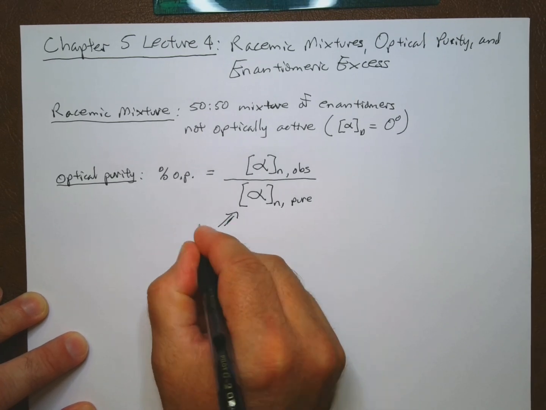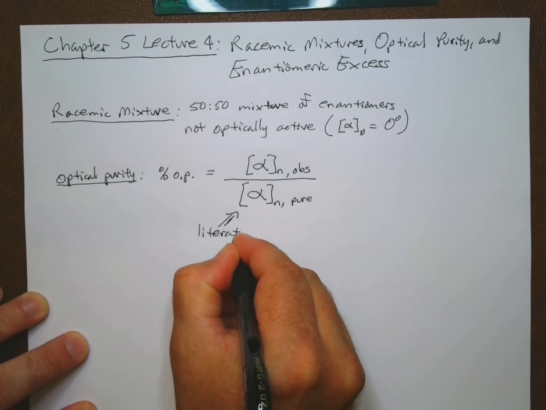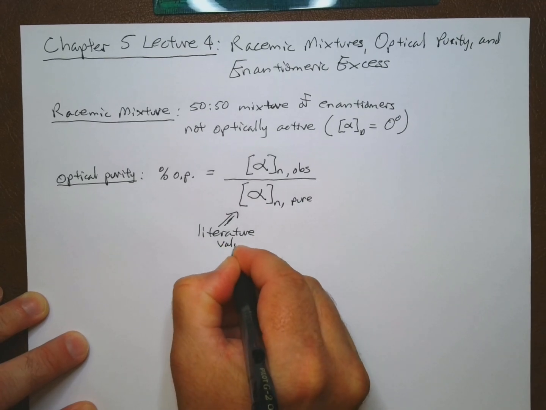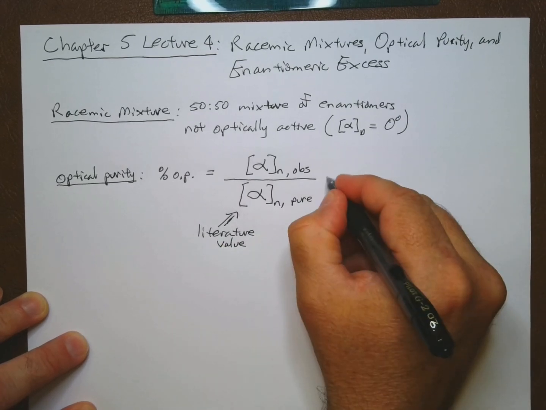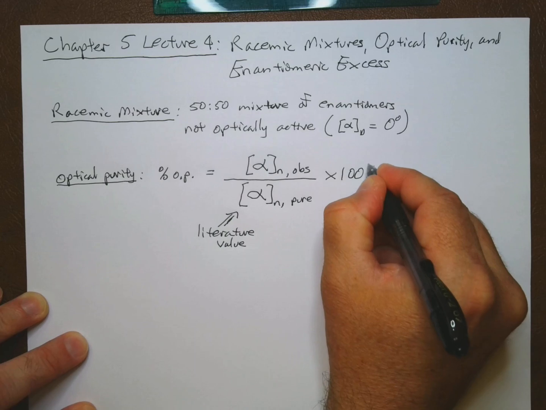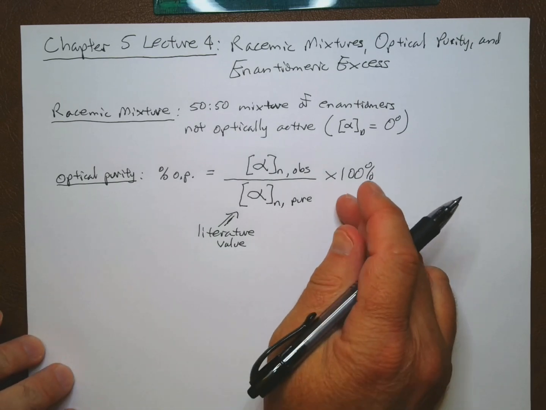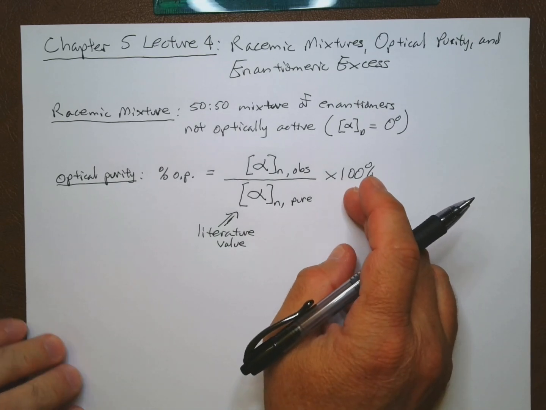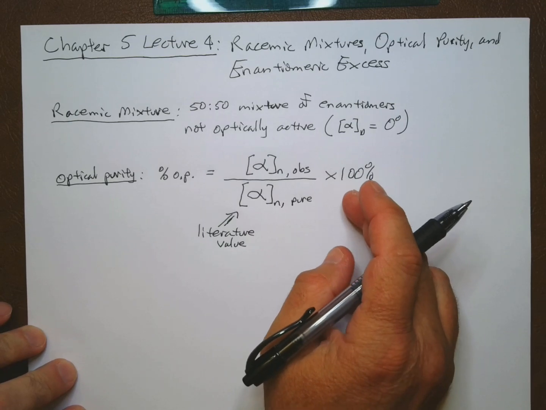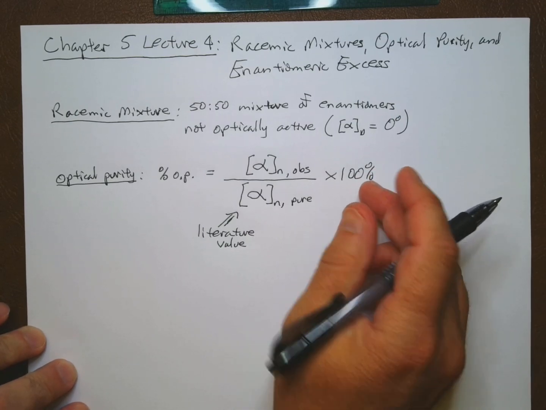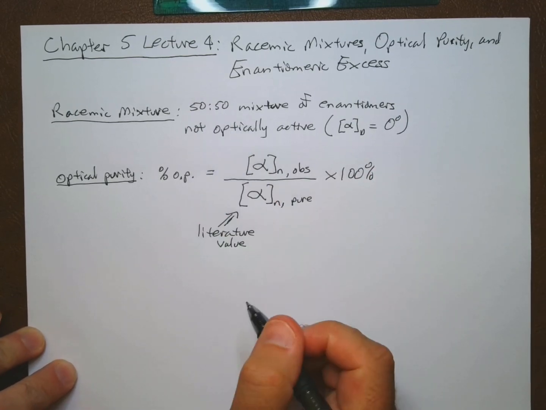So that's going to be our literature value. And then times 100 to convert it into a percentage. Now, if you had an optical purity of 100%, then you would have 100% of that enantiomer. If you had an optical purity of 0, you'd have a 50-50 mixture of the enantiomers.